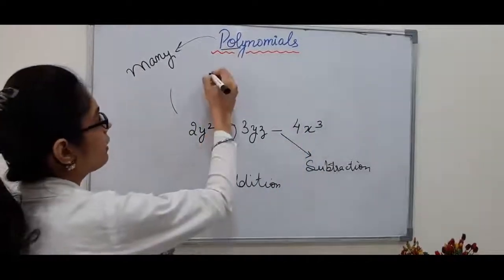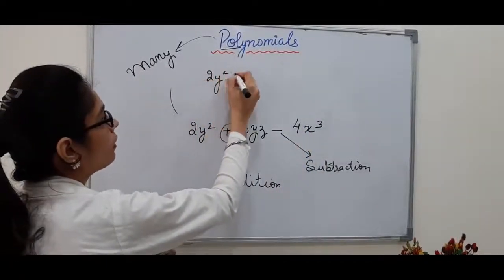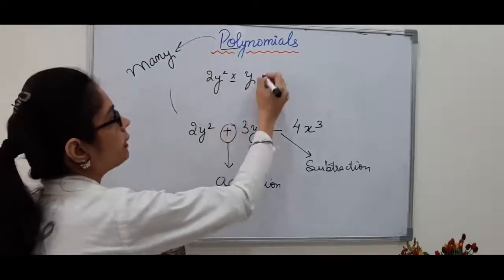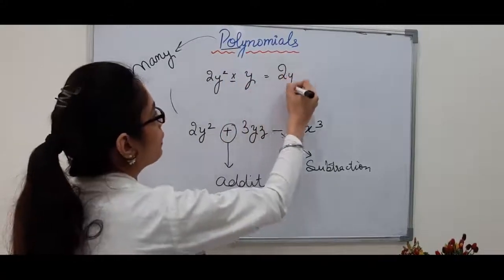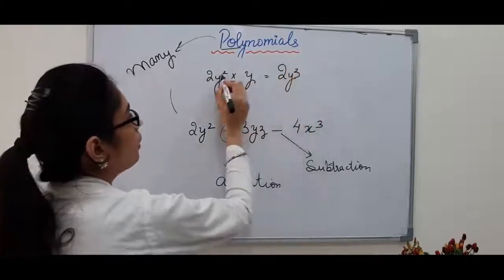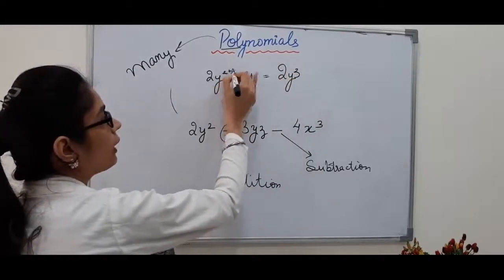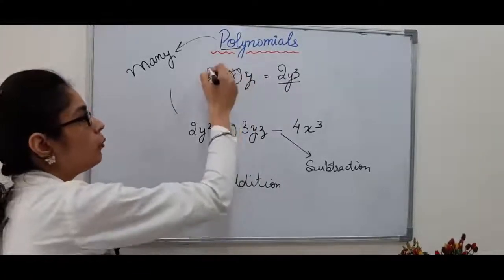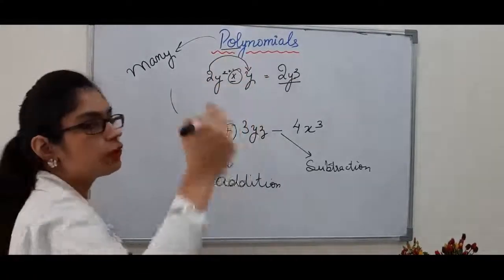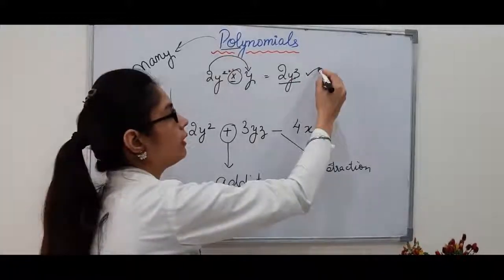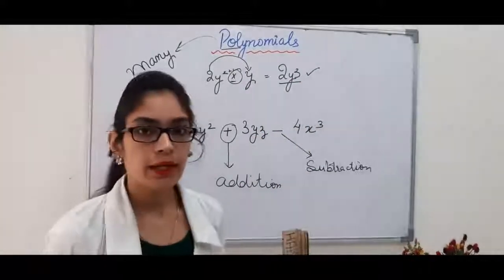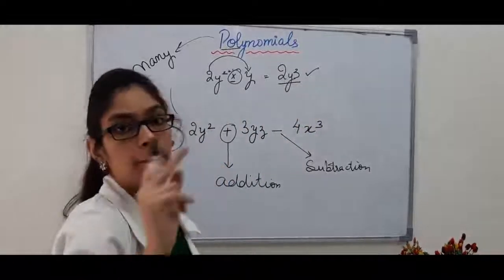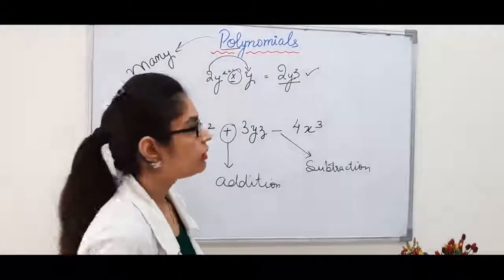See, if I write 2y square into y, multiplication means this will become a single term again, 2y cube. 2 plus 1, it will be y cube. So on multiplying one algebraic expression with the other one, again I am getting a single term. I am not getting a polynomial. So that's why we cannot multiply. Let's do it for division also.